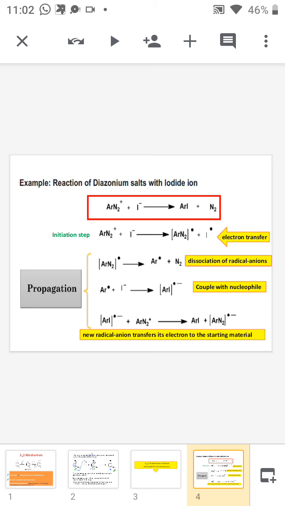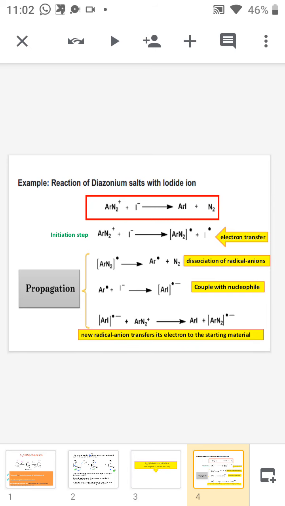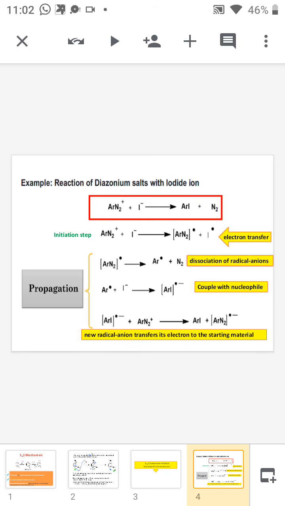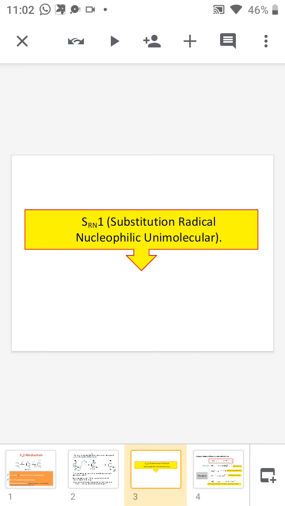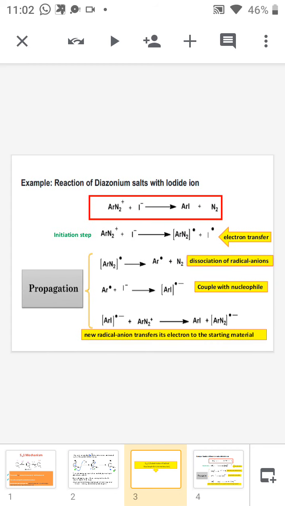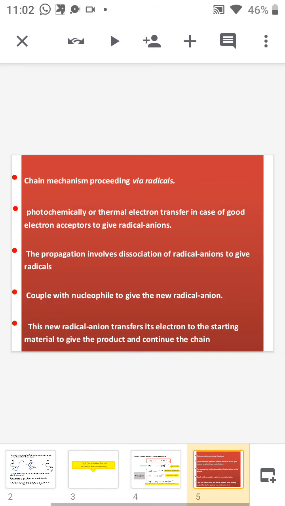This is the general mechanism of the unimolecular SRN1 mechanism. Now we are moving on to the general characteristics.